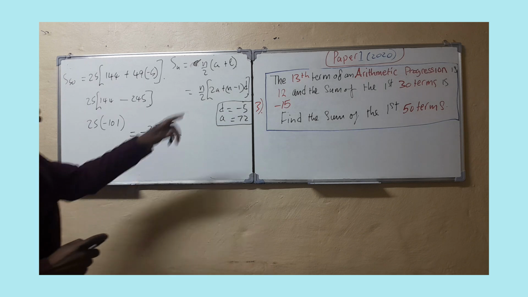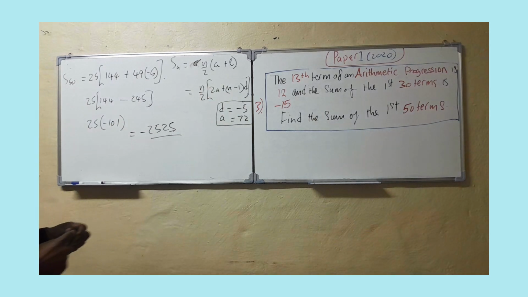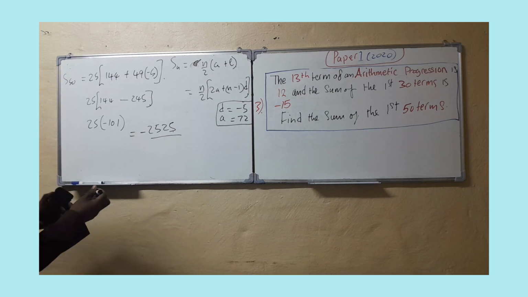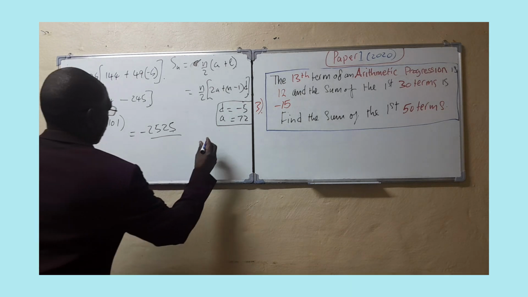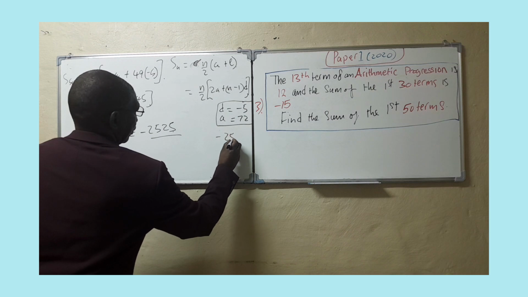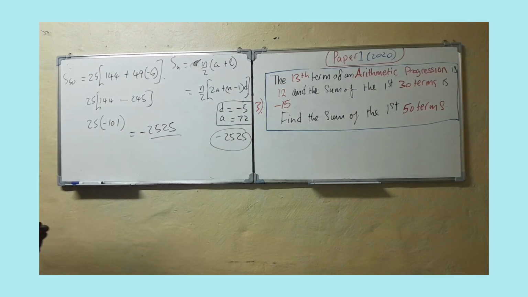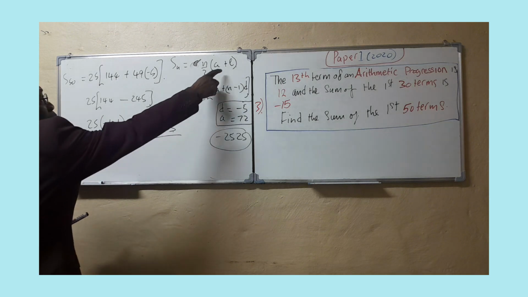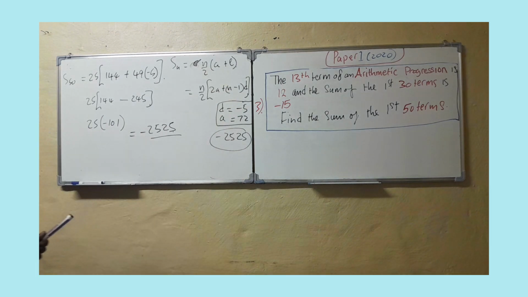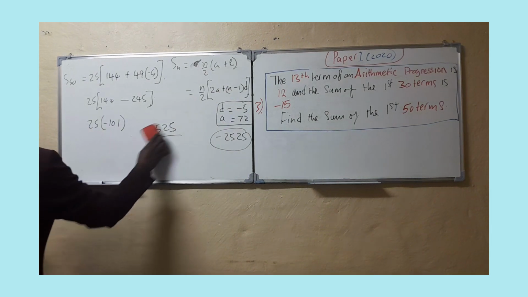You can also try using this formula. We know that, okay, if there are 50 of them, let's see if we can use it and come to the same conclusion here. I'll put this sum there somewhere. So it's minus 2,525. That's the sum to the first 50. We used this formula. We want now to try and use that one and see if it gives us the same result.